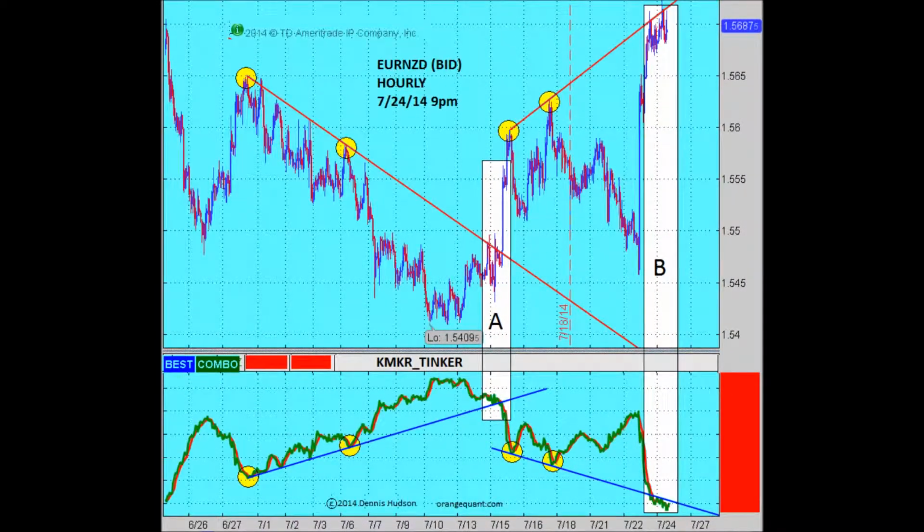Okay, what we're interested in here is those two areas marked in white. I'll explain that in a moment. Now, on Kingmaker Tinker, I've very accurately drawn two trend lines. One's long and one's short, so you know it's not a fluke what I'm about to show you. And it doesn't matter where you draw the trend lines on Tinker as long as you're accurately connecting two bottoms or two tops.